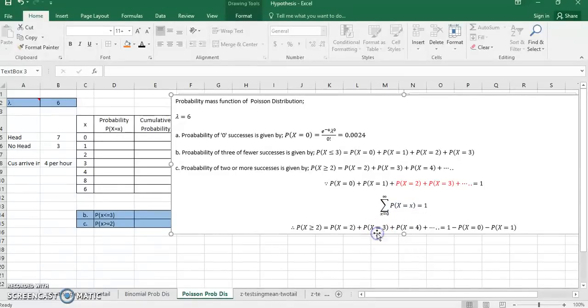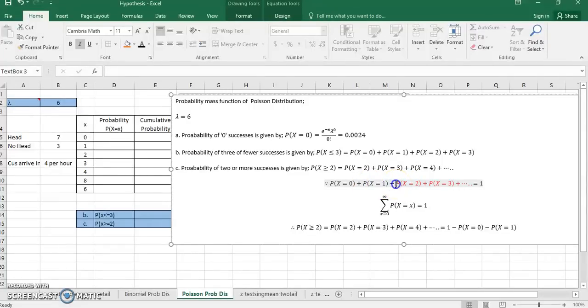That's correct now. So I'll be using this particular principle of probability to calculate the probability that x is greater than or equal to 2. I have highlighted it in red. That means I'm interested in calculating this red portion.